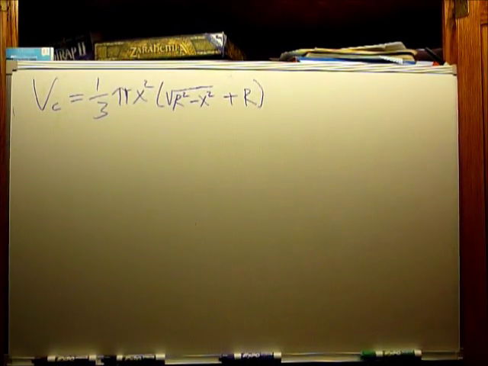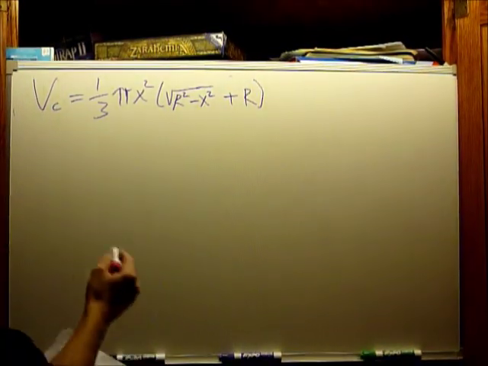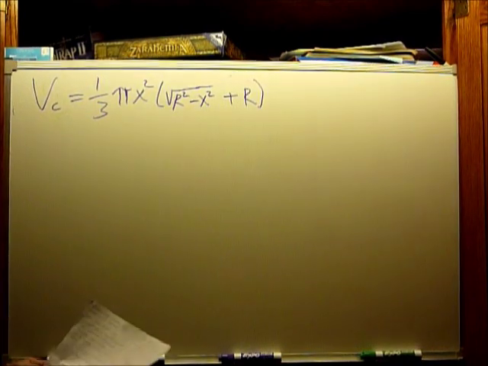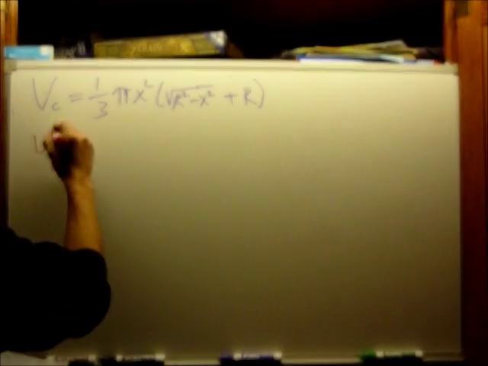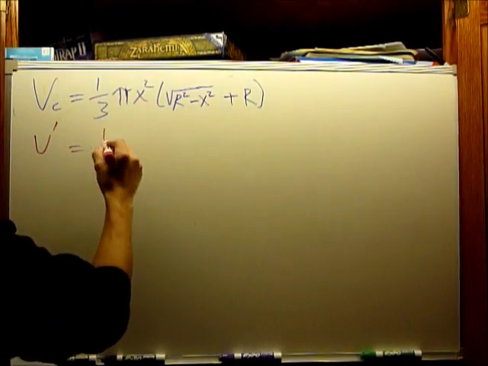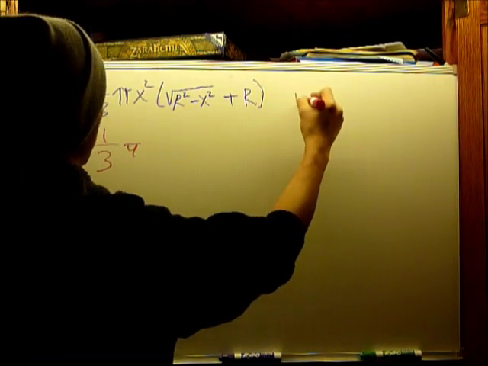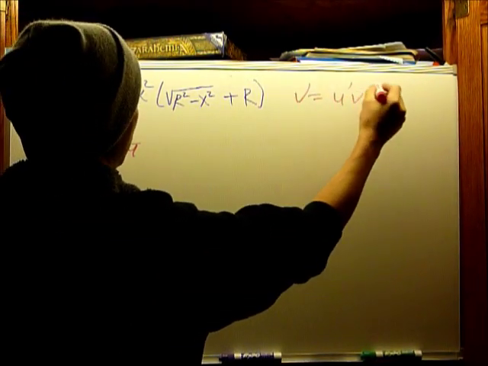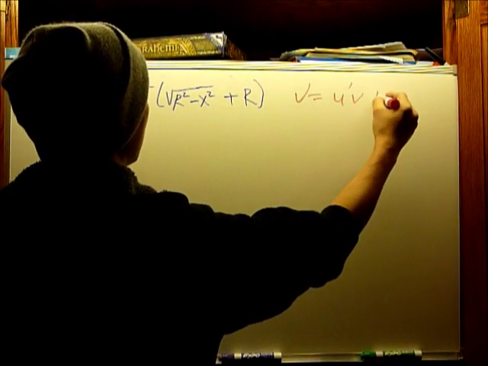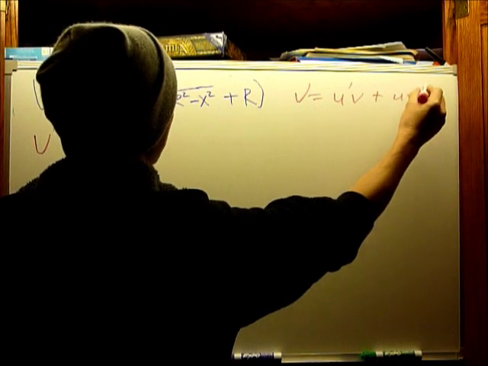Okay, so in order to find the maximum volume of the cone inside the sphere, we're going to have to take the derivative. This is the equation for the volume, and to take the derivative, we're going to remember the derivative of a product is u prime times v plus u times v prime.